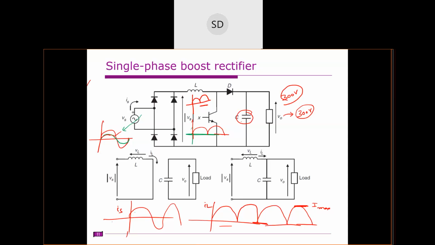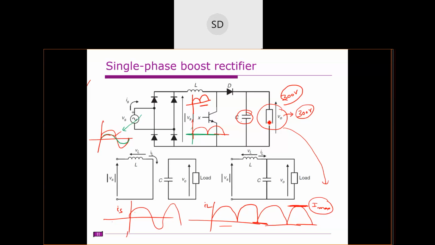Which parameter reflects this maximum current? The maximum current normally depends on the load, and moreover we need to maintain the load voltage constant. That means the real power transferred from AC to DC decides how this I maximum varies.